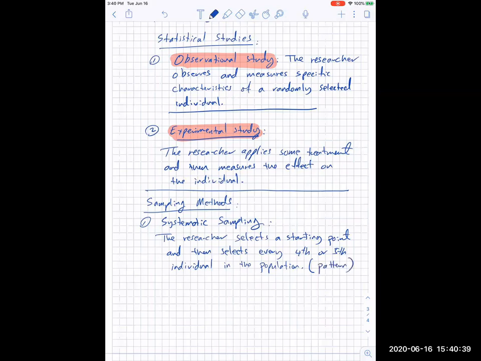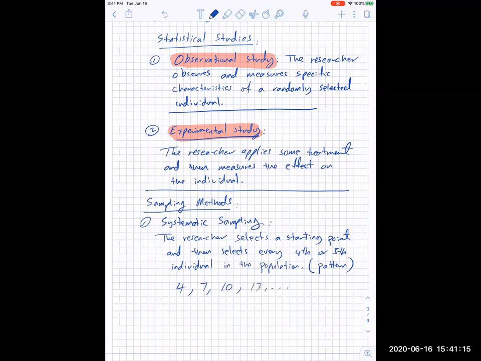So for example, the researcher will give a number to every individual in the population, and then the researcher decides, okay, I'm gonna start with the third or the fourth person, and then I'm gonna skip 3 individuals and go to the, let's say here, fourth, go to the 7th, the next one is the 10th individual, the 13th individual.